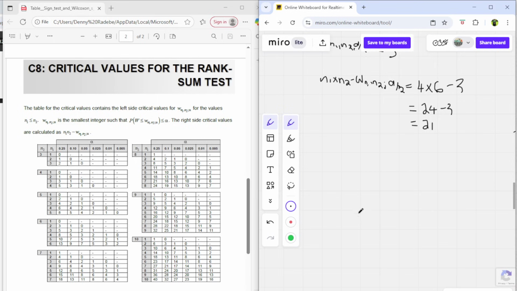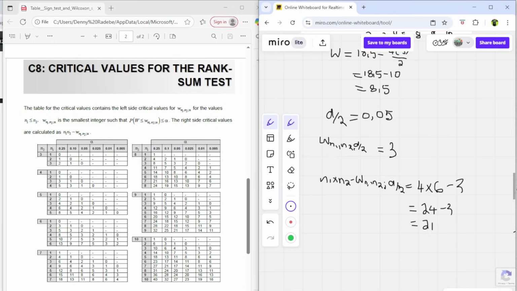Now that we have the critical values, we're going to state the decision rule. The decision rule says we reject, because it's two-sided. Let me just write it here.